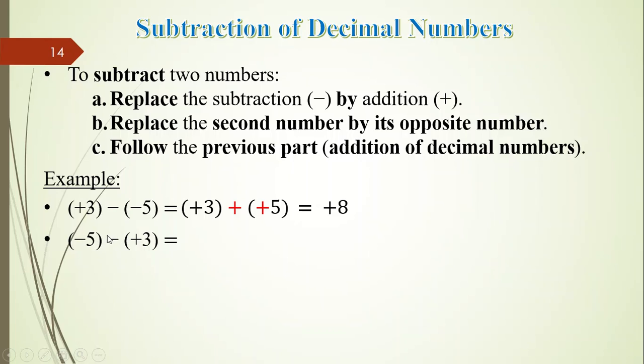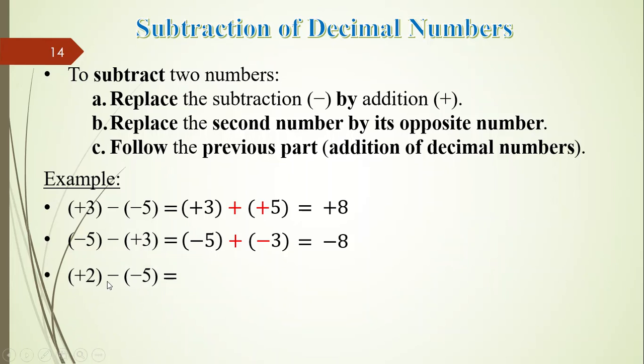We change the sign minus, it becomes plus. And we put the opposite of the number after the minus. So plus 3 becomes minus 3. Here we have addition between two numbers having the same sign, so we add the numbers, and since the two numbers are negative, the sign will be minus, so it's minus 8.